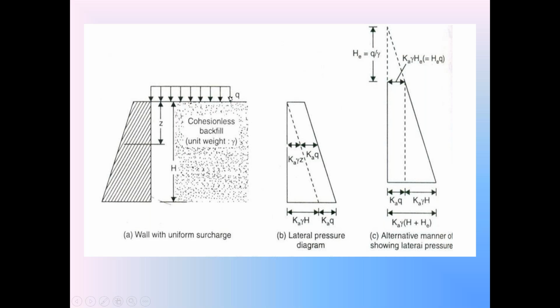Because of this surcharge, the effective vertical stress at a depth Z from the top of the backfill is Q plus gamma into Z. Then the active earth pressure at this location is Ka into Q plus gamma Z. At the top, Z is equal to 0, so the active earth pressure is Ka into Q. At the bottom, Z is equal to H, so the active earth pressure is Ka into Q plus Ka into gamma into H. So this is the active earth pressure distribution behind the retaining wall when the surcharge is acting on the top of the backfill.